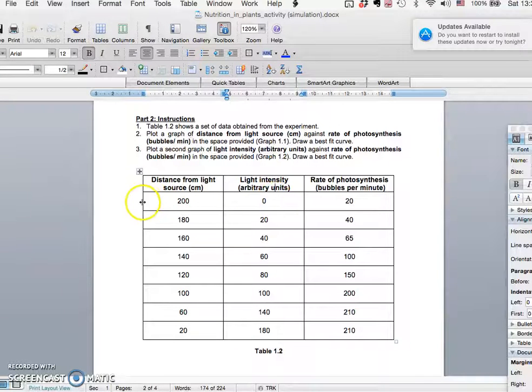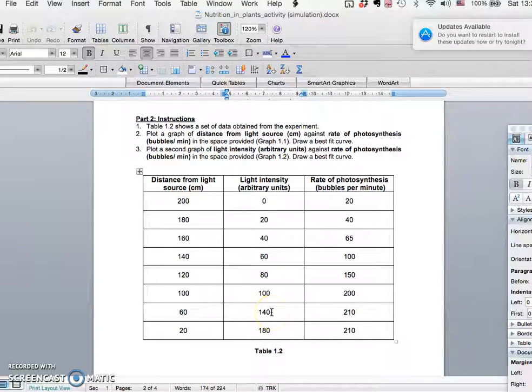I just took 200 minus distance. So 200 minus 200 gives me 0, 200 minus 180 gives me 20, 200 minus 160 gives me 40. Basically I reverse it, so all the big distances become a very small light intensity, because the two are inversely related. The closer I go, the greater my light intensity.